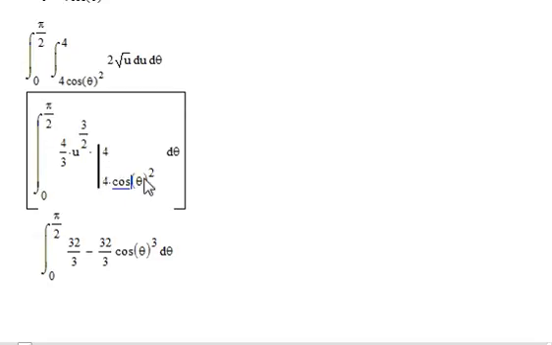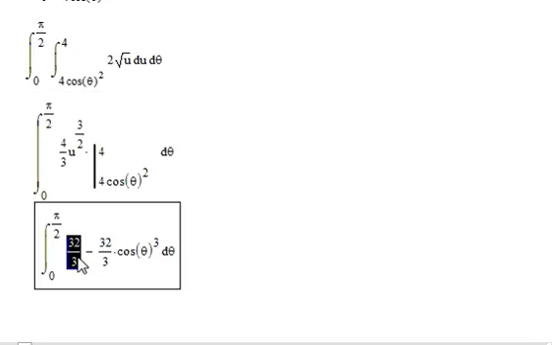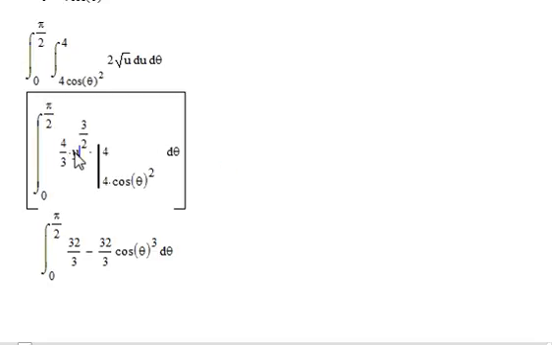So throw in the 4, we get 4 to the 3/2 is 8, so 8 times 4 is 32/3. Throw in the 4 cosine squared. 4 cosine squared to the 3/2 is 8 cosine cubed. So we get 32/3 cosine cubed d theta.